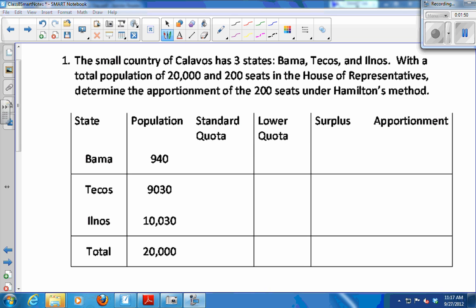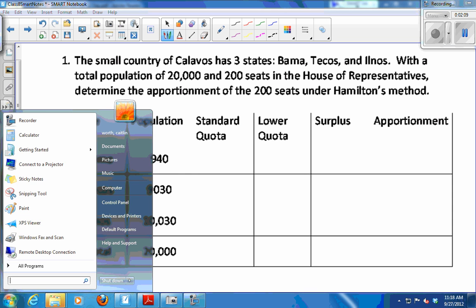So my standard quota, there were 3 methods for calculating it. You can use a proportion, you can use percentages, or you can use a standard divisor. I'm going to do the standard divisor method just to remind you of it because I'm going to need it later on in this class.